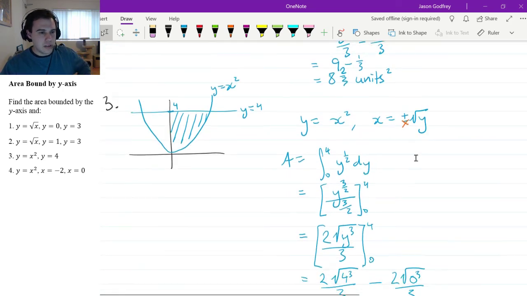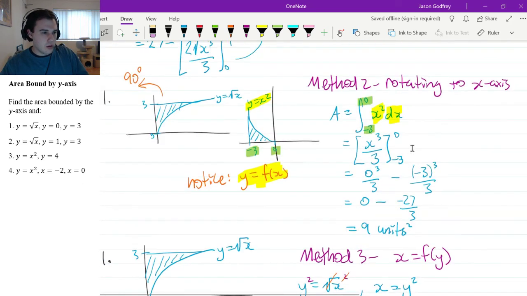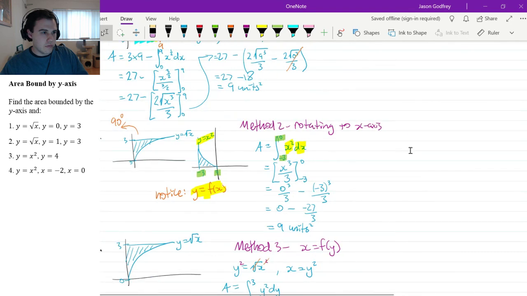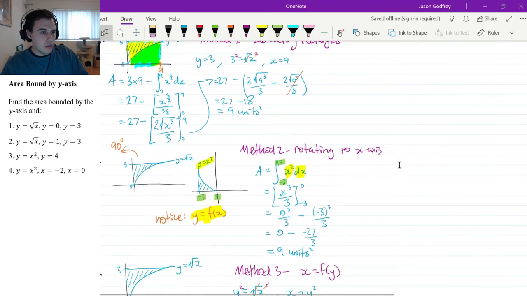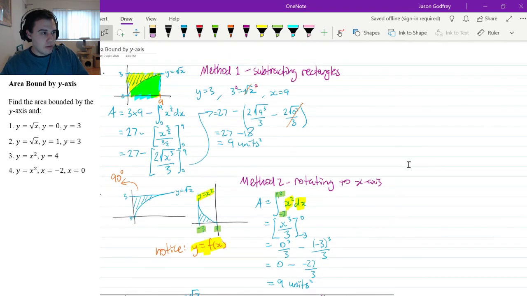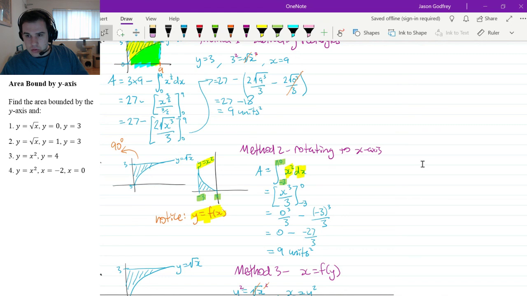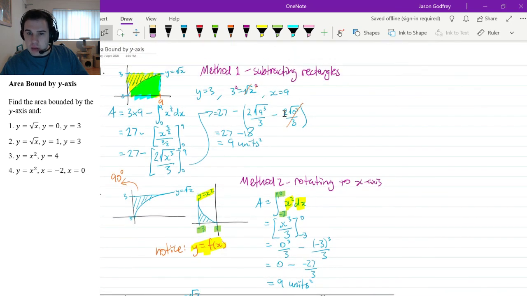Alright, so there's only 3 examples there, but hopefully it was helpful seeing the different methods there. So be flexible and be able to use them all. Again, I personally prefer subtracting some rectangles, but yeah, there are different ways you can manipulate the shape geometrically, either by rectangles or rotating, to be able to just turn it into an x-axis bound problem.